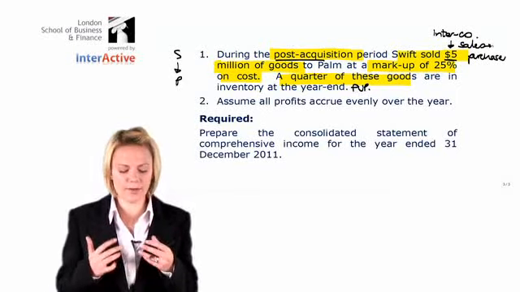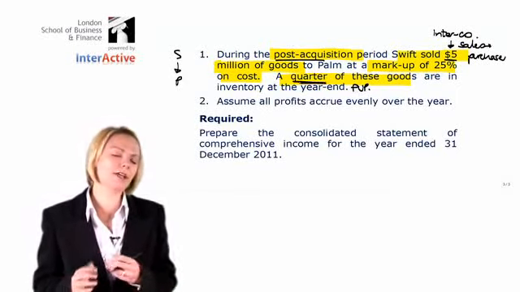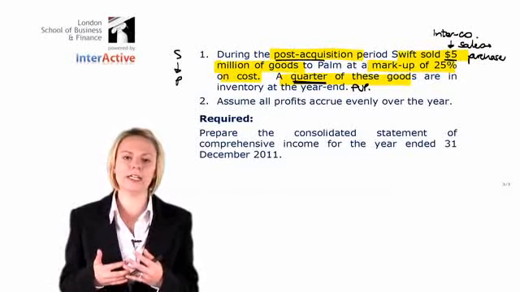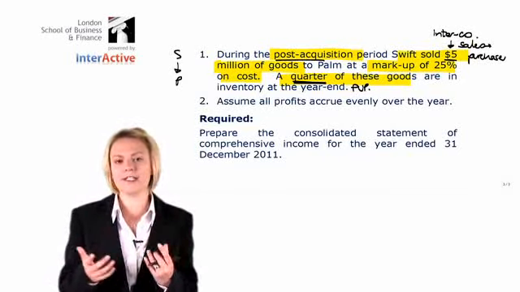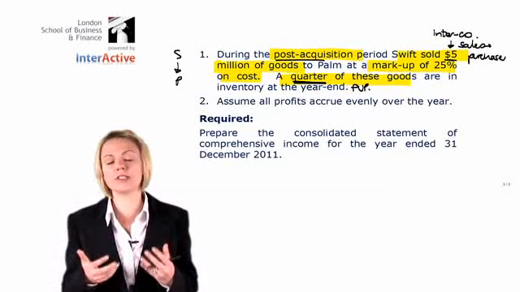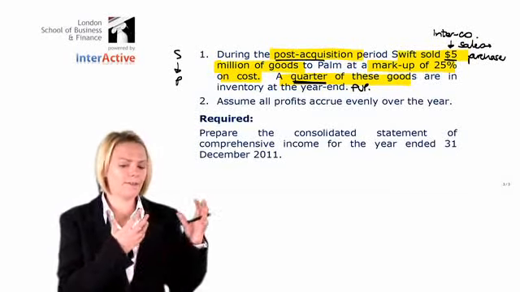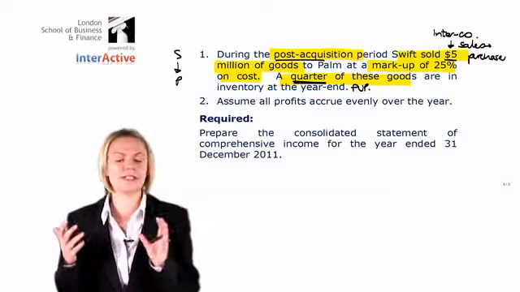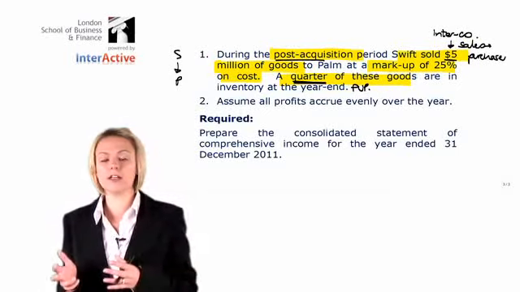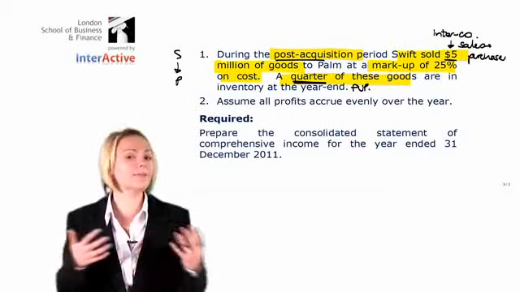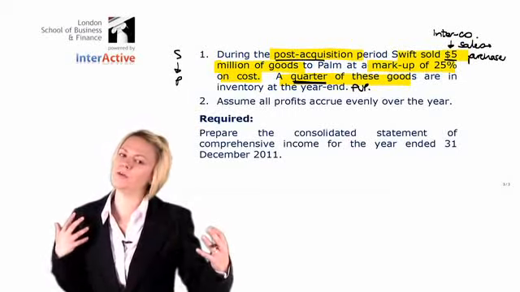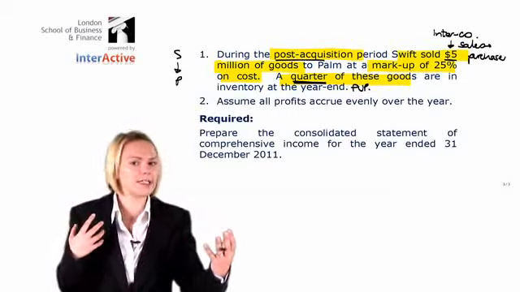So not only do we have a PUP adjustment based on the amount of goods left in the group at the year end, a quarter, well, we also have to consider the total sales post-acquisition and eliminate 5 million from Swift sales and eliminate 5 million from Palm's cost of sales. For the same figure, one company's sale is another company's cost of sale or purchase.